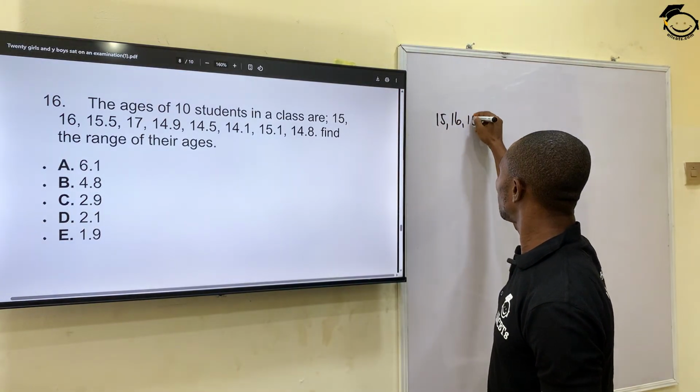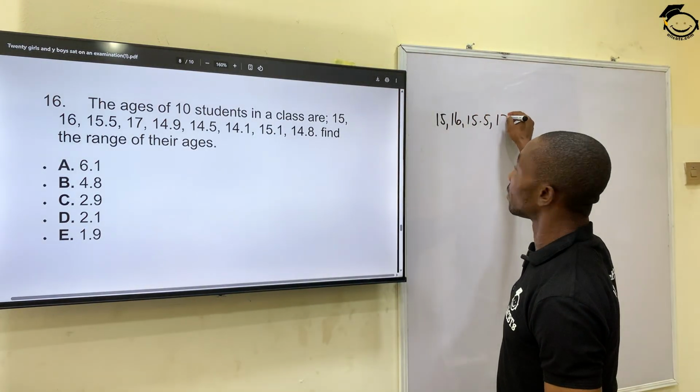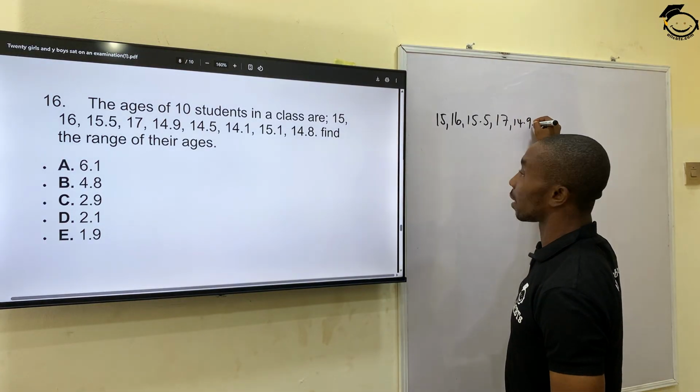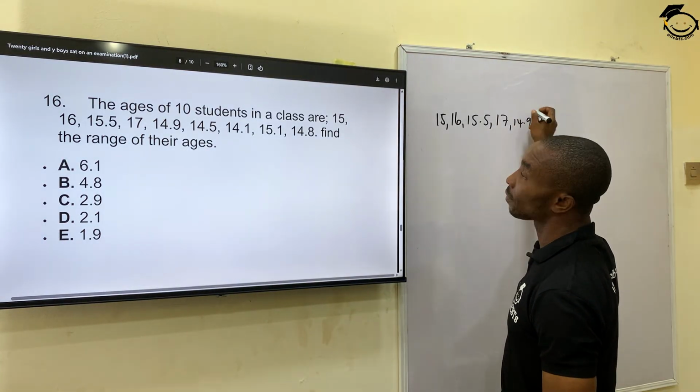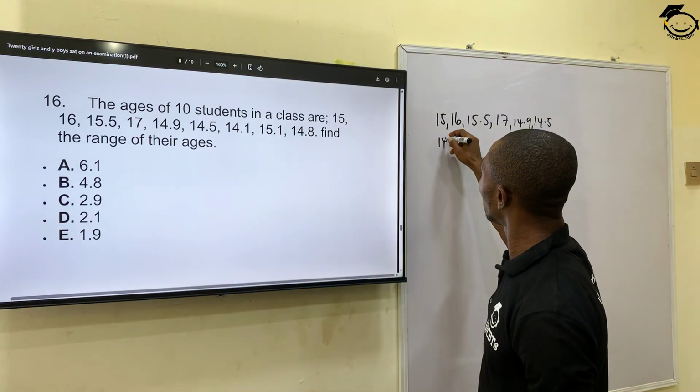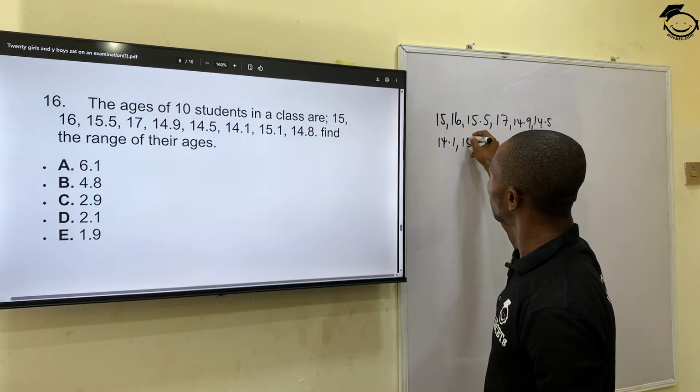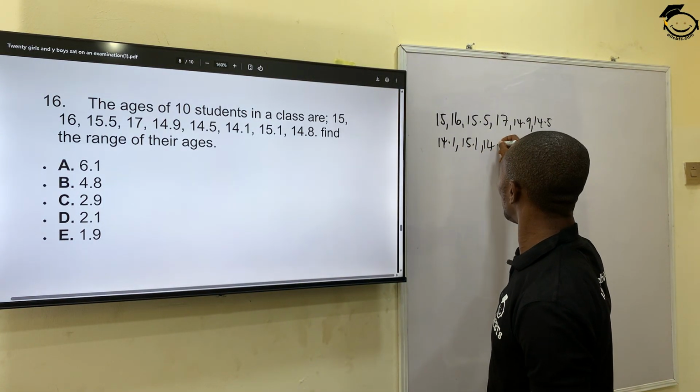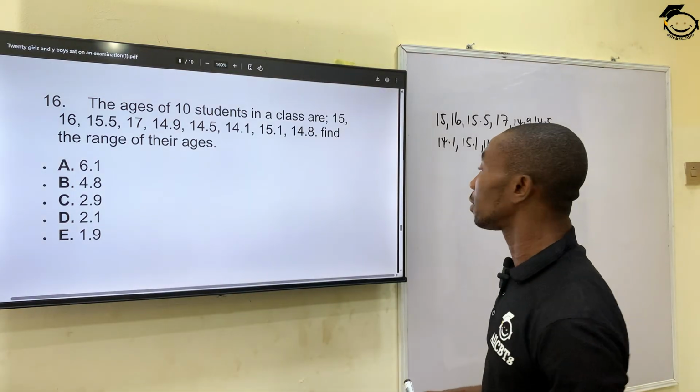The ages of 10 students in the class are 15, 16, 15.5, 17, 14.9, 14.5, 14.1, 15.1, 14.8. Now it says find the range.